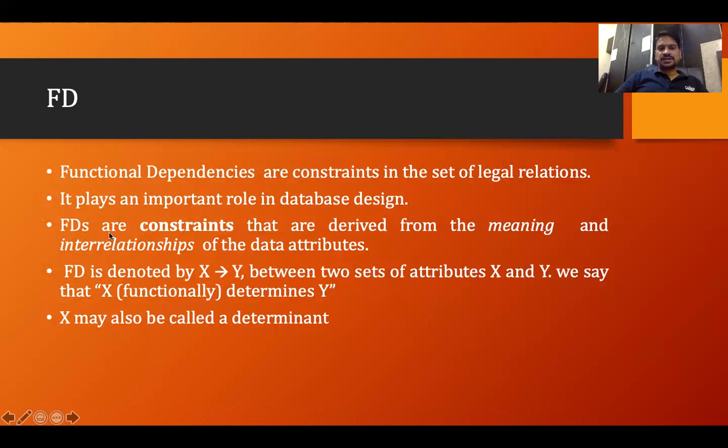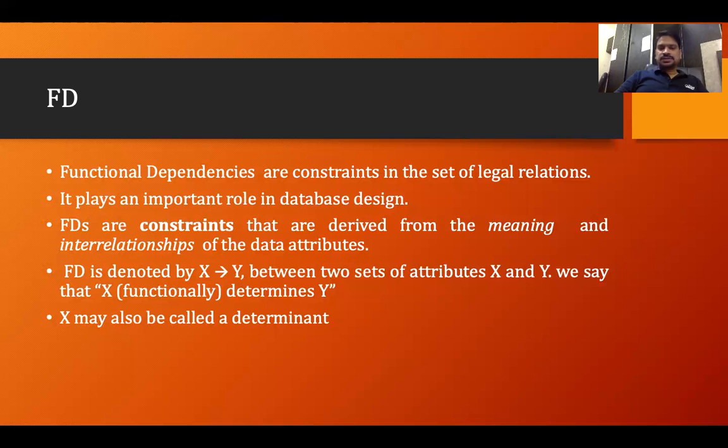The functional dependencies are constraints that are derived from the meaning and interrelationship of the data attributes. It says that functional dependency is based on one table. How many tables? One table only. We are talking about only one table. And in one table, as I told you, there are many attributes.